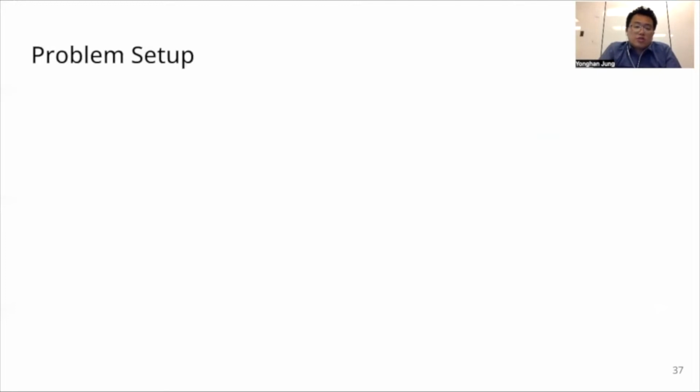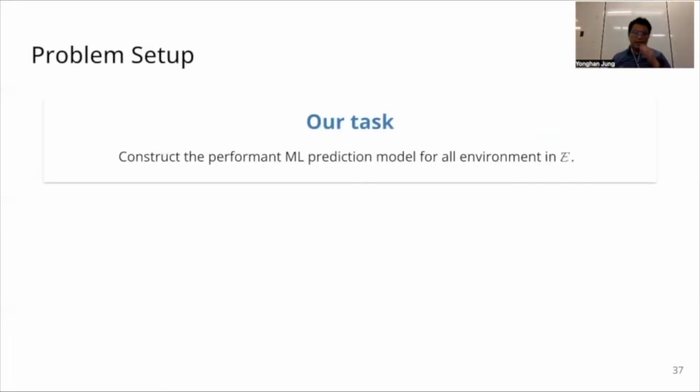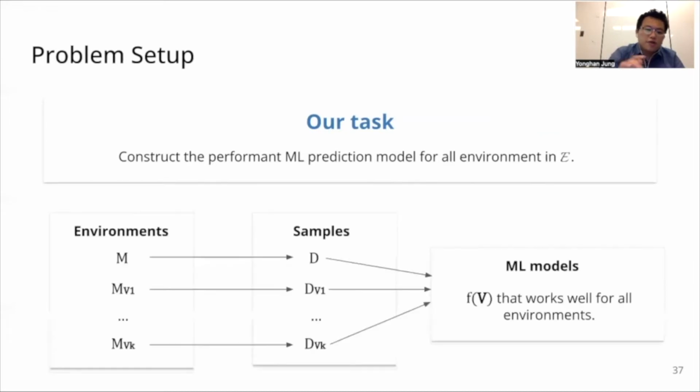With these notations, we can formally define the problem as follows. Our task is to construct a performant machine learning model that works well for all environments. Specifically, given multiple environments which generate the samples, our goal is to construct a machine learning model from these samples that works for all environments, for unseen images or unseen data.